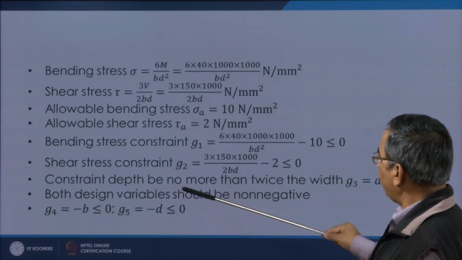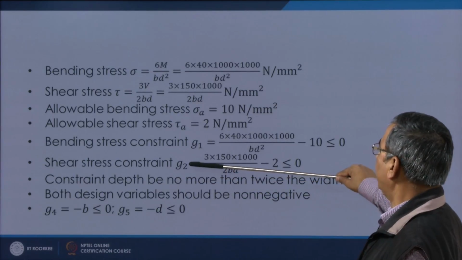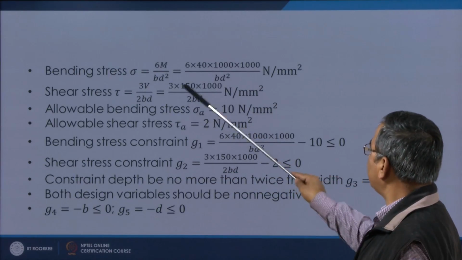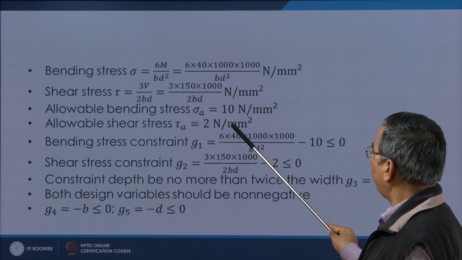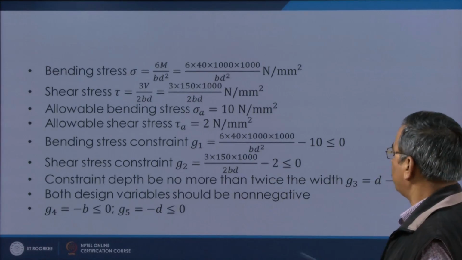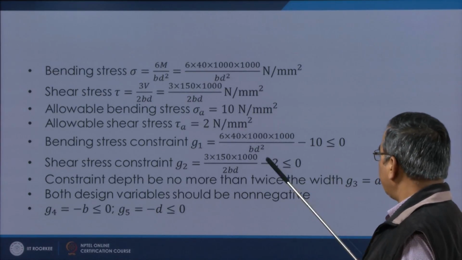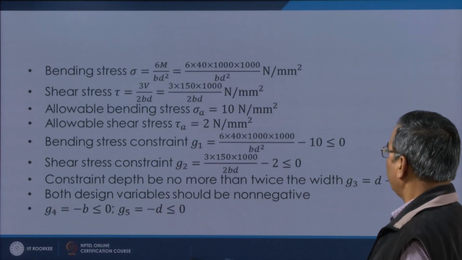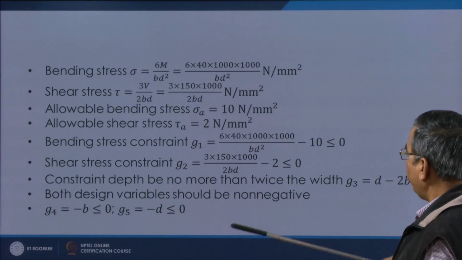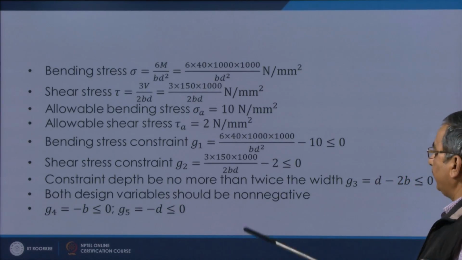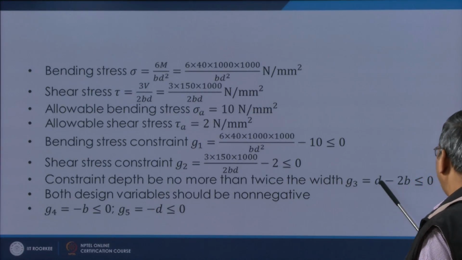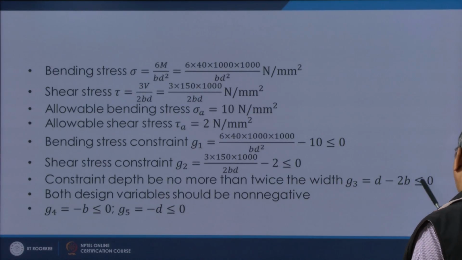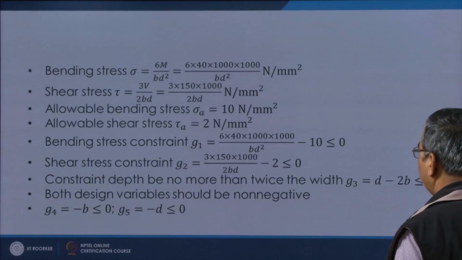Similarly, I can find out the shear stress constraint. That is, this value should be less than the given value, that is the allowable shear stress. So, this minus 2 should be less than or equal to 0. Similarly, we can have the third constraint, that the depth be no more than twice the width. So, depth minus twice of width has to be less than or equal to 0.